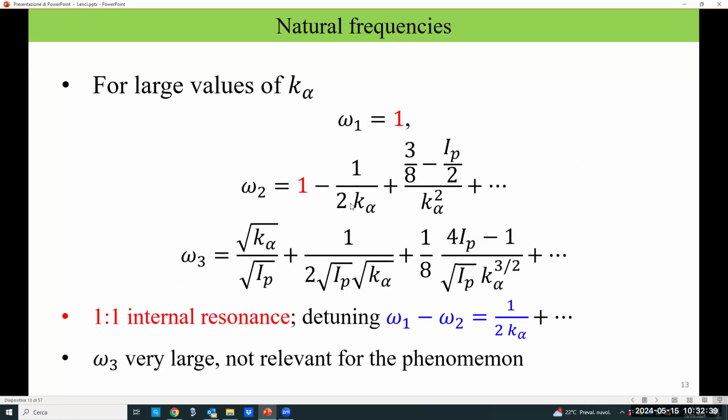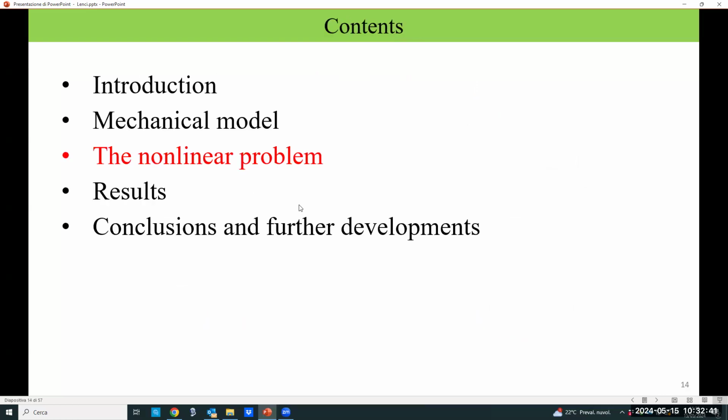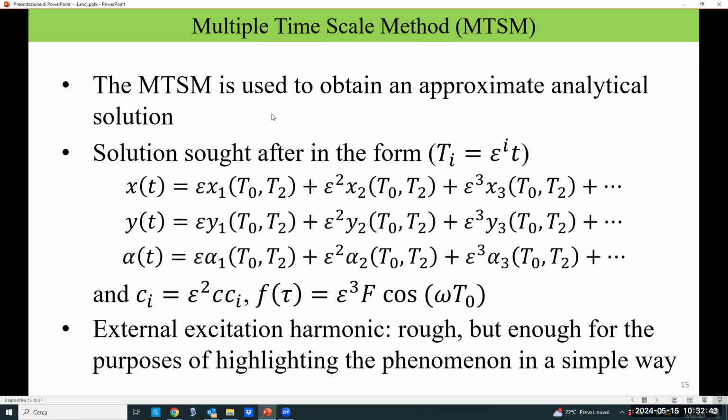Okay, so now we have checked this internal resonance, and solved this internal resonance problem. We apply the multiple time scale method, looking for a solution in this form, introducing the small bookkeeping parameter epsilon. And again, the external excitation is harmonic, which is rough, but enough for the purpose of highlighting the phenomenon in a simple way.